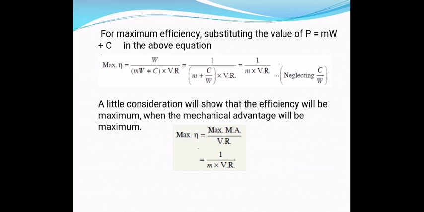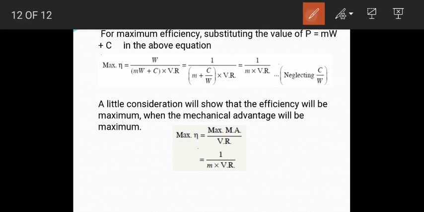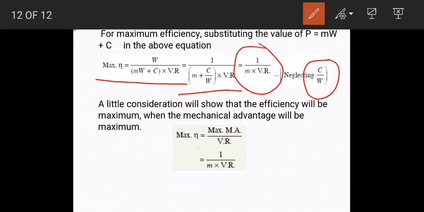For the maximum efficiency, substituting the value of P as mW plus C, similarly to what we did for mechanical advantage, the equation will be maximum efficiency is equal to W upon mW plus C into VR. Again rearranging it, we got 1 upon m plus C upon W into VR, and neglecting C upon W, we got 1 upon m into VR.